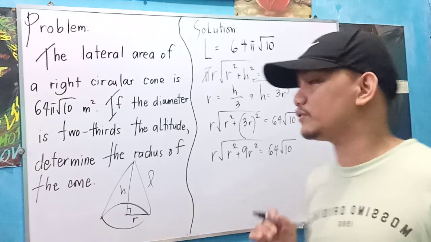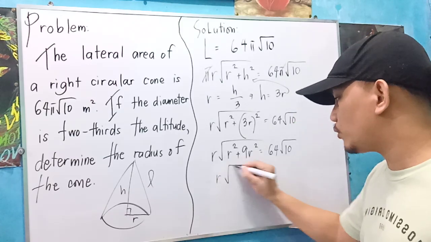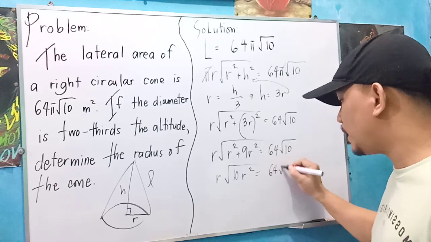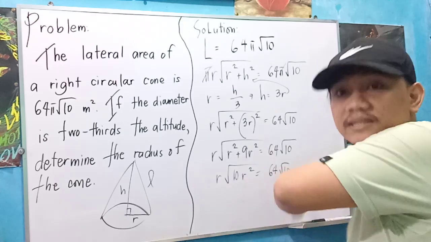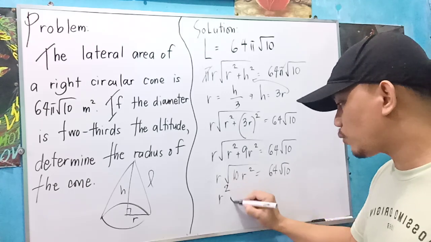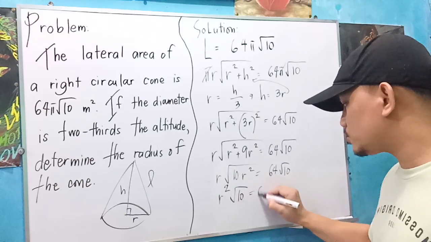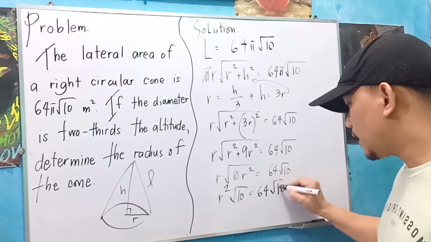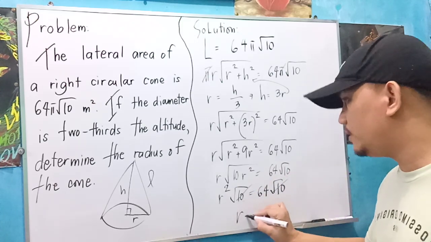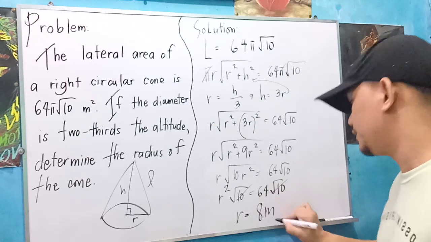So, we have r times square root of 10r squared, equals 64 square root of 10. So, ilabas lang yung r kasi ang square root ng r squared is r. So, r squared square root of 10 is equal to 64 square root of 10. Cancel nito, since r cannot be negative, therefore the radius of the cone is 8 meters.